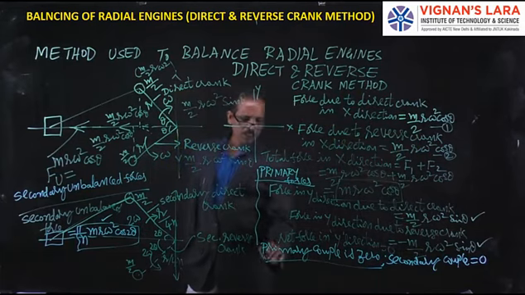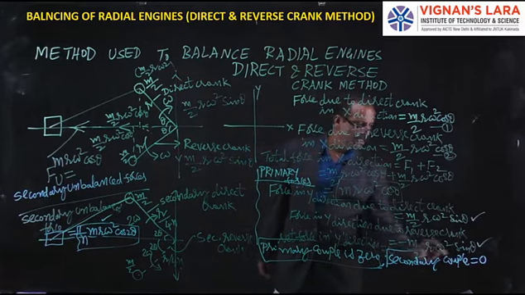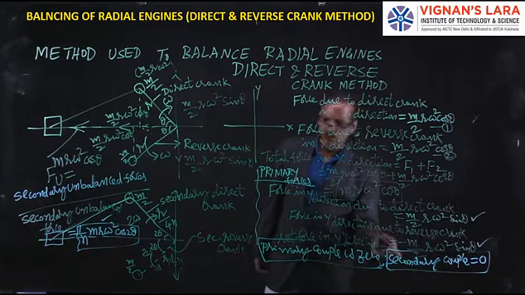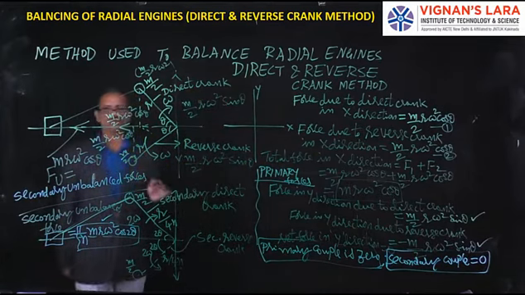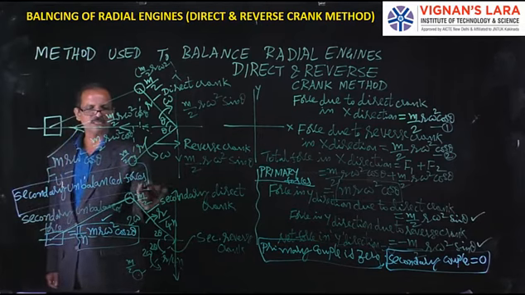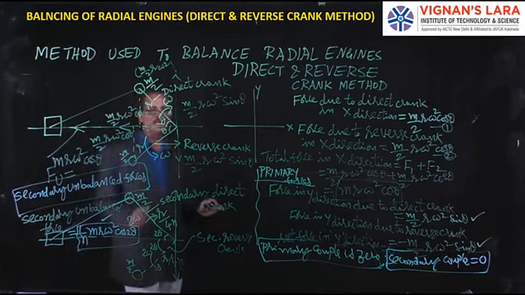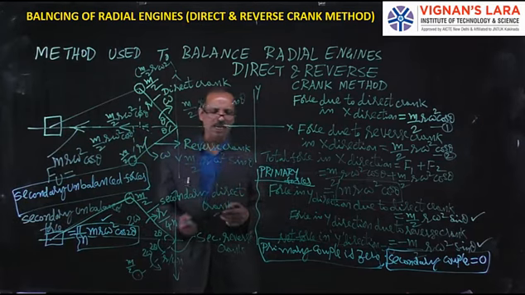So primary couple is 0, you need not balance anything for this. Then secondary couple is also 0, we need not bother about it. So what do we have to bother about? We have to balance only primary forces and secondary forces. The analysis goes like this: we take one direct crank and one reverse crank and we balance the system.